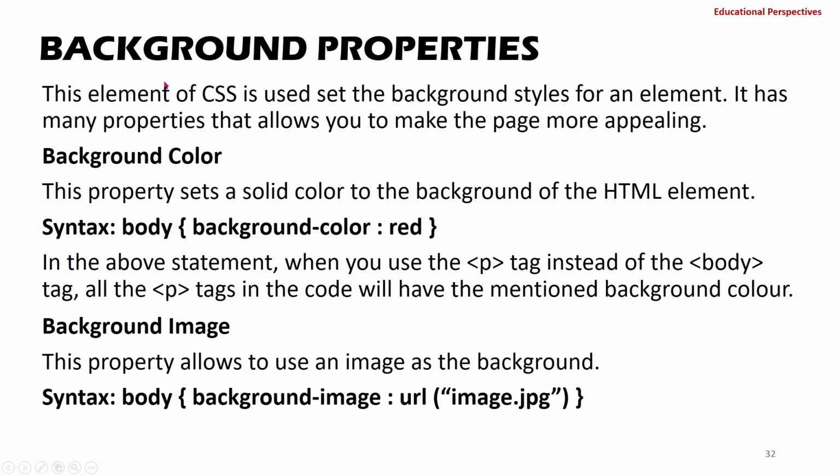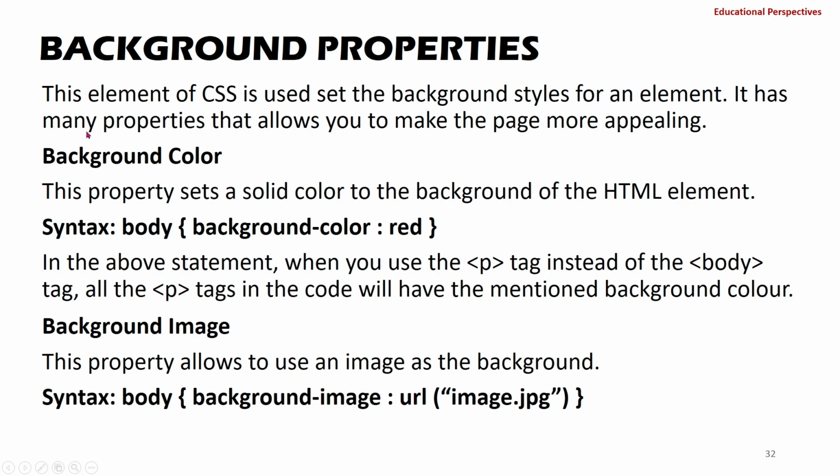Now we will look at some background properties using CSS style. We have done background properties in our HTML, but now we will learn some background properties using CSS. This element of CSS is used to set the background styles of an element.